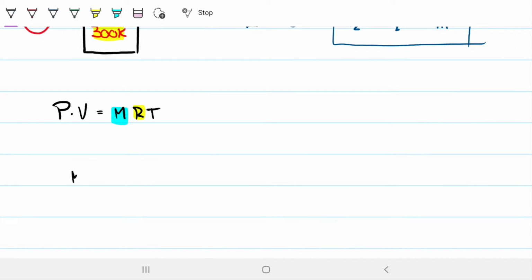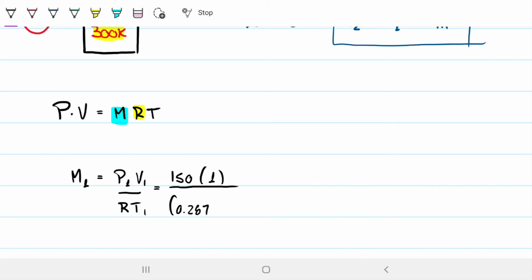So if I'm doing state 1 and I want to find a mass, I just have to do pressure 1 times volume 1 divided by R and T1. We have all that information. This is 150 kilopascals, let me put the units on the side there, 1 meter cubed. This is 287 at 300 Kelvin, and this is 300 Kelvin. Unit-wise, quickly, kilopascals times meters cubed already gives us kilojoules, divided by kilojoules per kilogram Kelvin, and this is Kelvin.